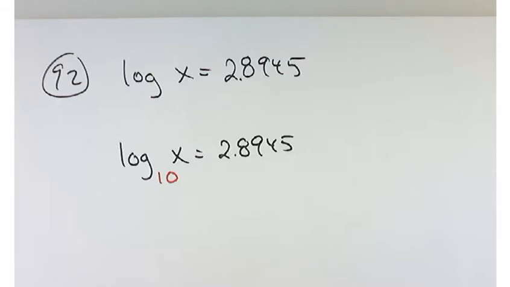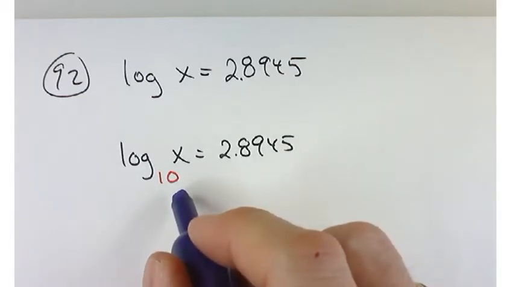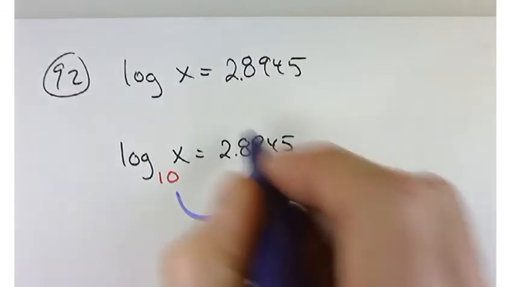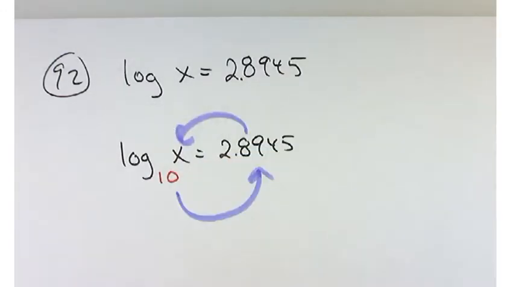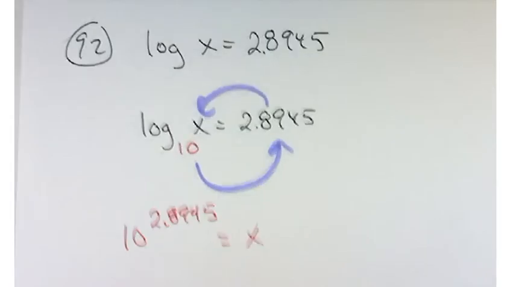So from here, we can rewrite it using exponents. Sharon, what would it look like if I rewrote this one using exponents, please? So what to what power equals what? Yeah, 10 to whatever decimal there equals x.